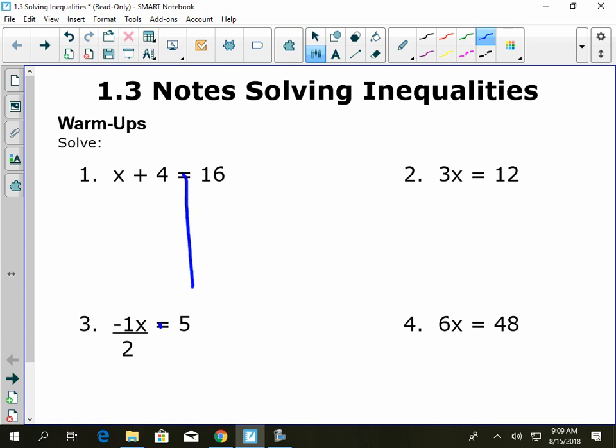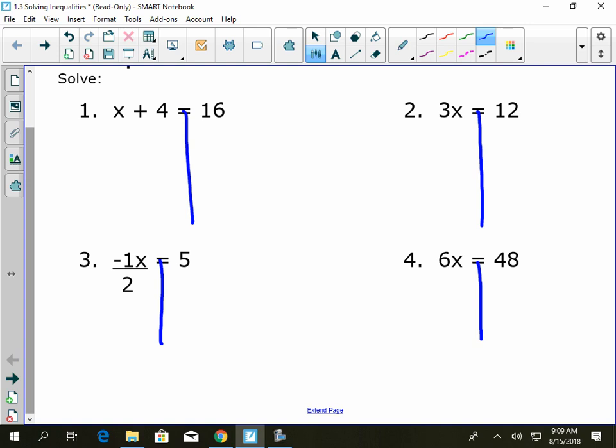Line up at the equal sign. Now, every time I go to solve a problem, I ask myself, what's going on between the letter I need to get away from everything else and everything else? So what's going on between the x and the 4?